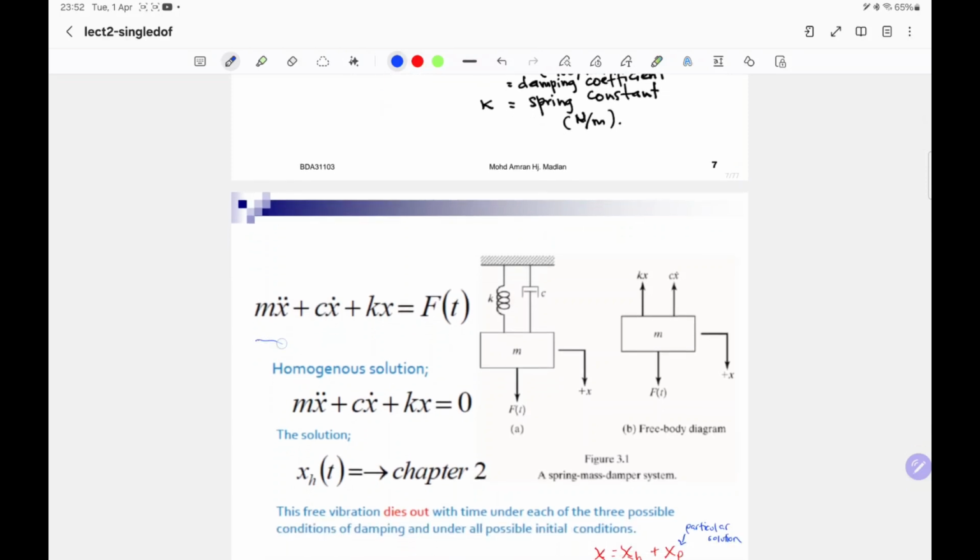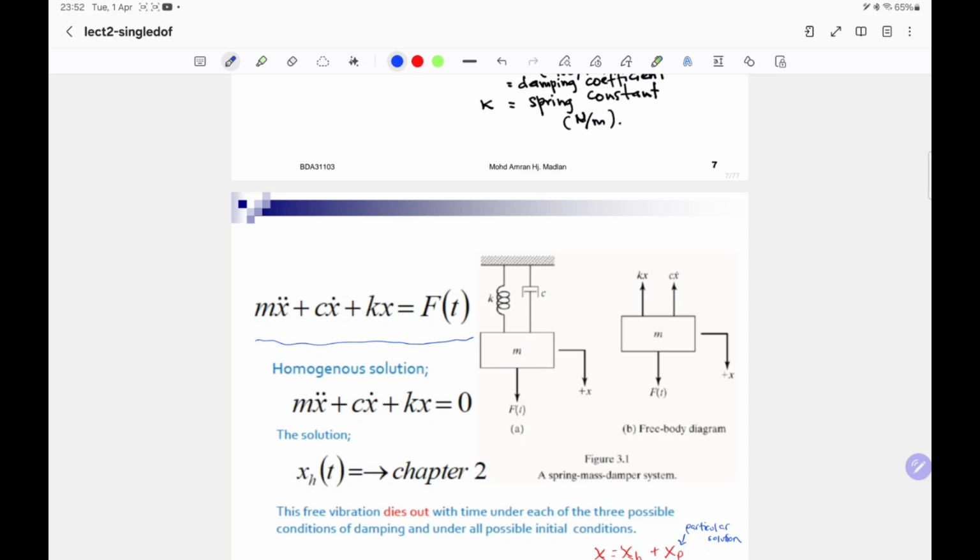So this is the full form of the equation of motion. As I mentioned earlier, we've got 4 different cases: free undamped vibration, forced undamped vibration, free damped vibration, and forced damped vibration.